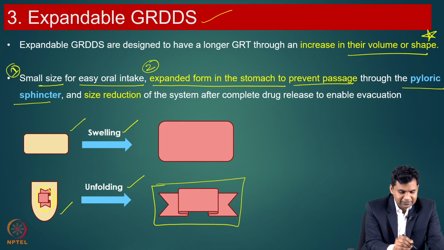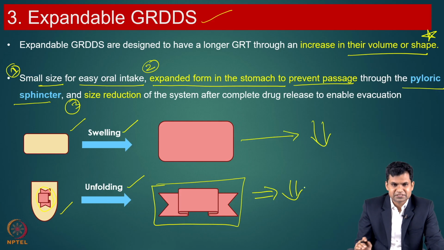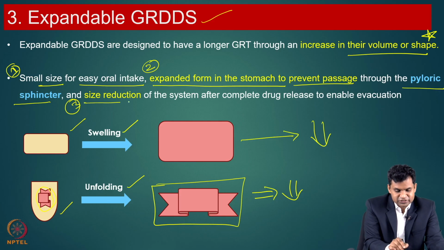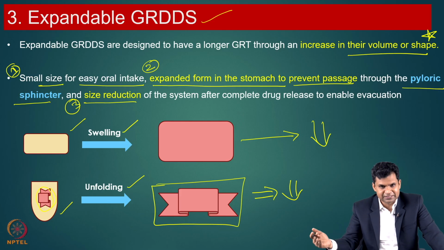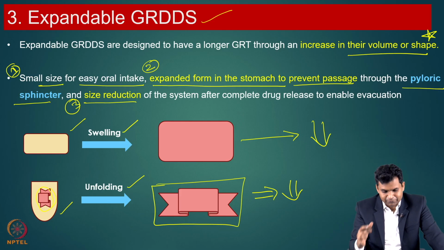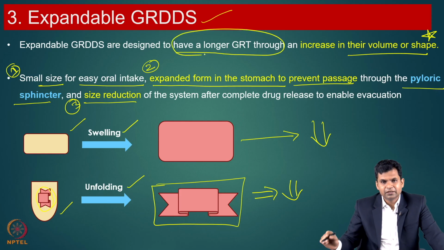After the complete release, the size will decrease, making it easy to remove from the stomach. So, size reduction is also very important after the release. Ultimately, it will help in longer gastric residence by using expandable gastric residence systems.